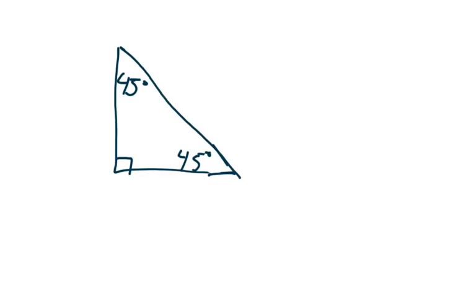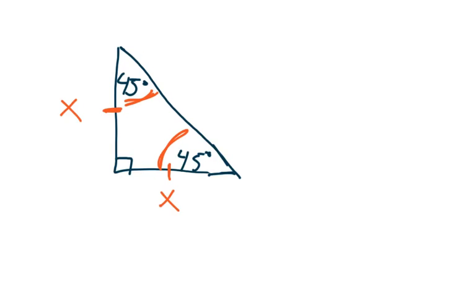But before we do that, here is basically what you need to know about a 45, 45, 90. First of all, because both these angles are the same, one thing you ought to recognize with triangles is these two sides are also going to be the same. So if this is some value x, I know this also is some value x.